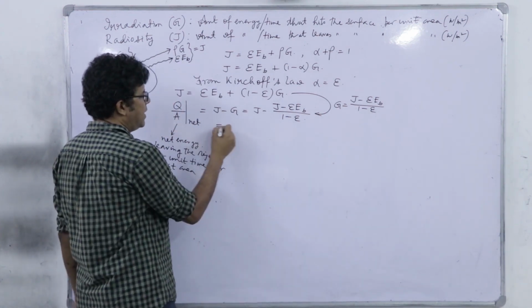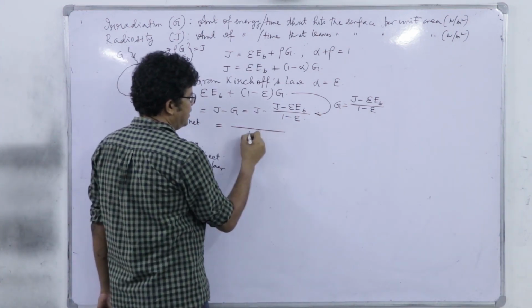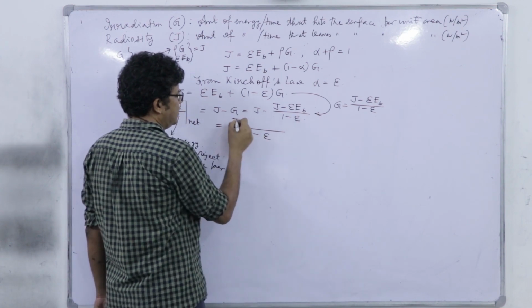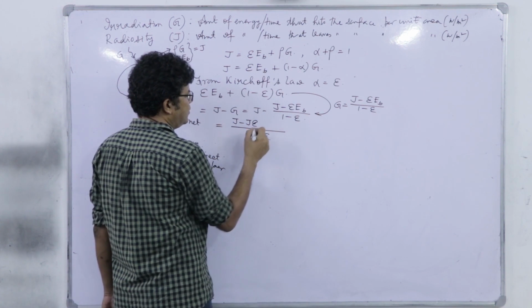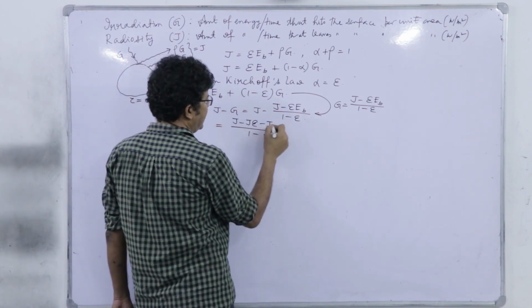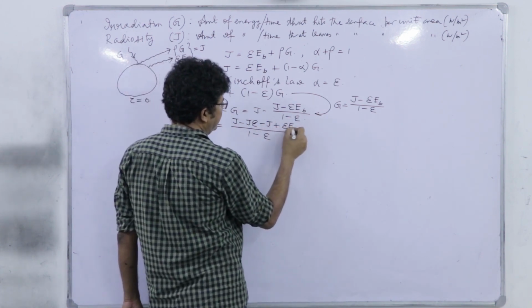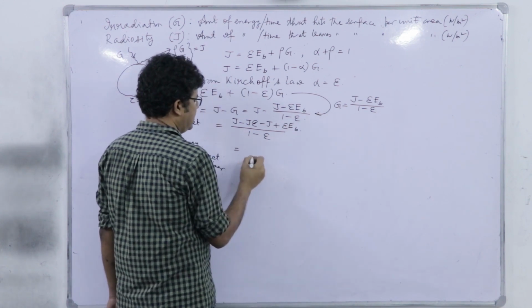So Q by A net is 1 by epsilon into J minus J into epsilon minus J plus epsilon EB, right.